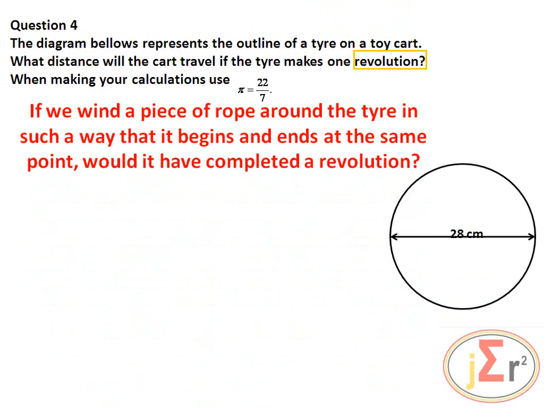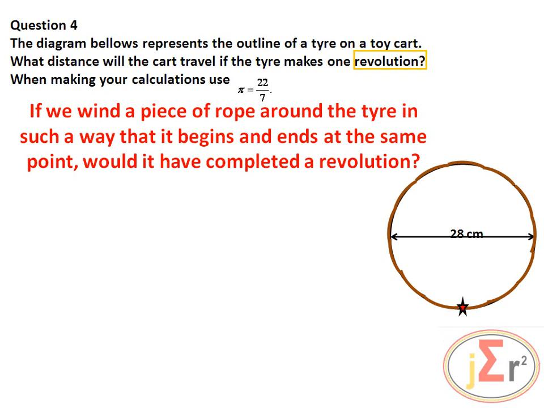If we wind a piece of rope around the tire in such a way that it begins and ends at the same point, would it have completed a revolution? That's the question. Take the rope, begin at that star, go all the way around, and it touches the other end where it started from.